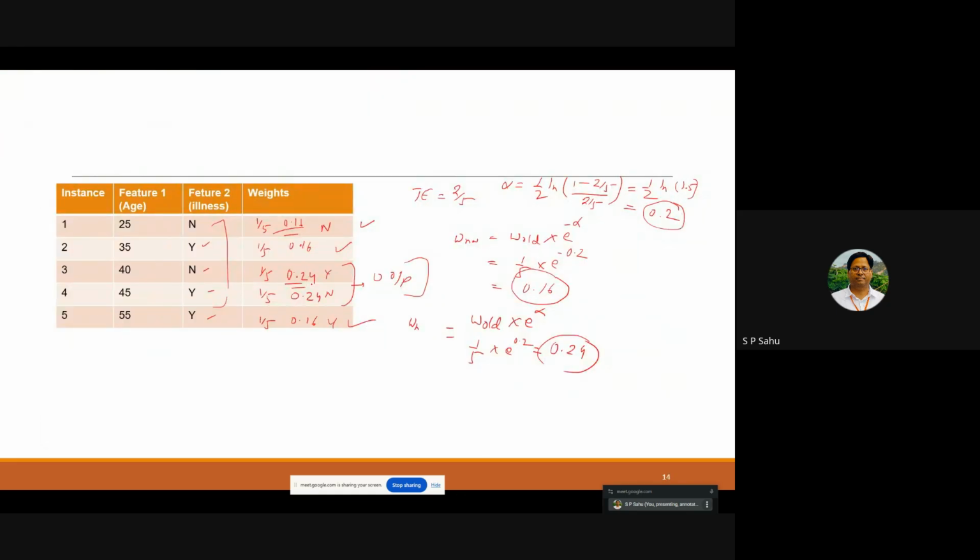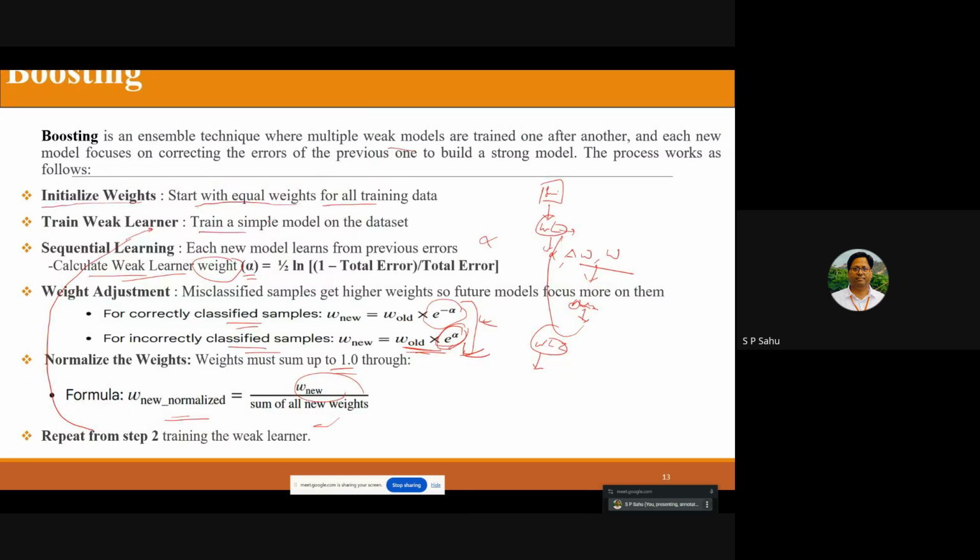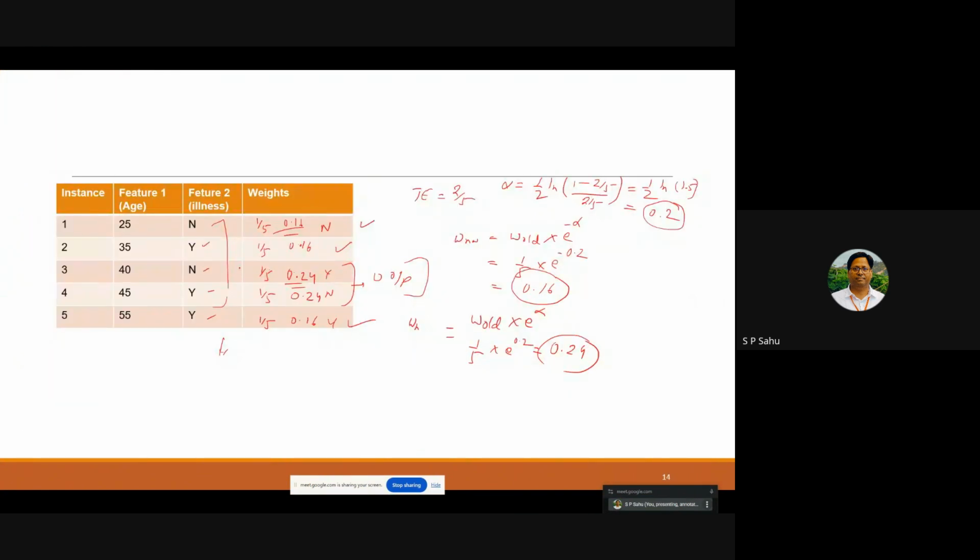So by this way, again the response will be checked. With this data, the training will again be checked, and the alpha will again be calculated. Let us suppose that the final outcome again gives a correct response, so only one error will be there, 0.14.